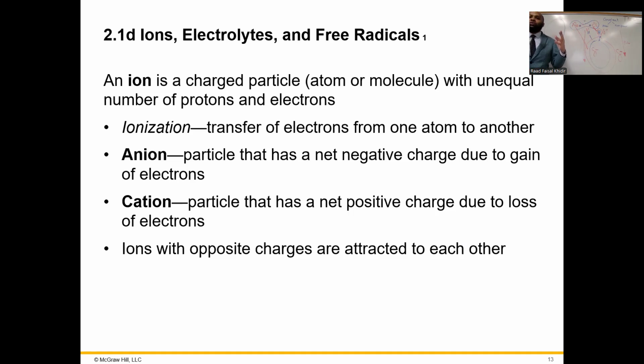Non-polar is like glucose. You have carbon with something, they are shared equally. But here, in sodium chloride, the bond is not sharing electrons. Sodium gave an electron to the chloride.